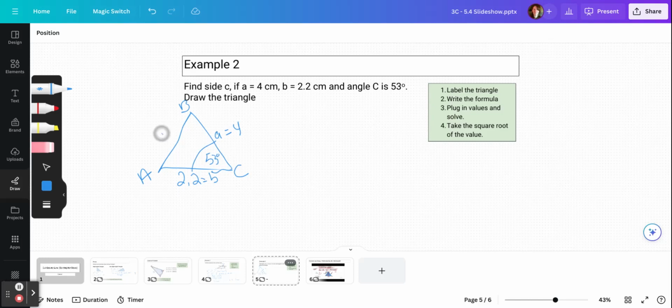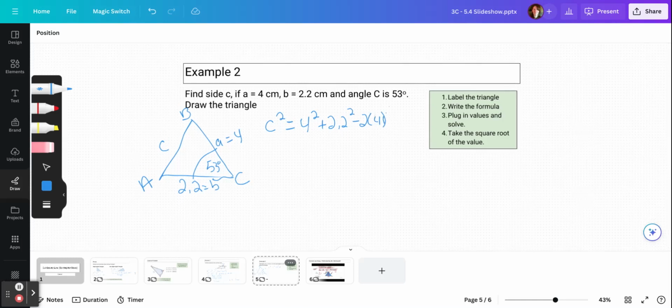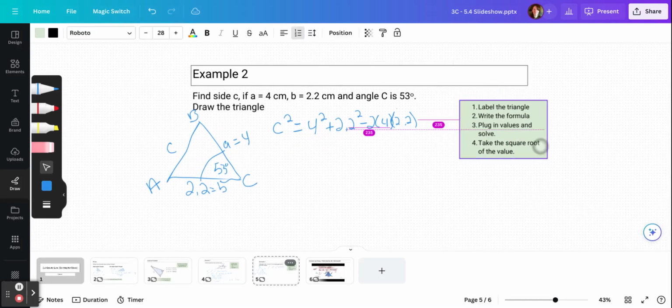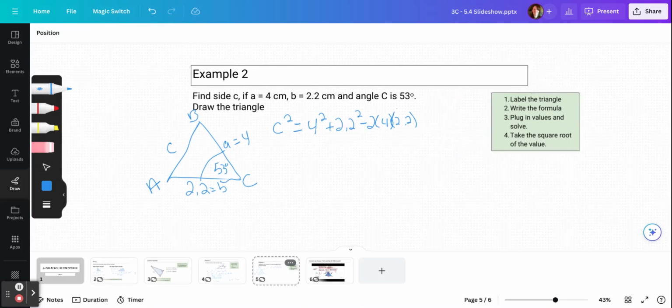Now I'm looking for C. So I know that c squared is going to equal 4 squared plus 2.2 squared minus 2 times 4 times 2.2 times the cosine of 53.